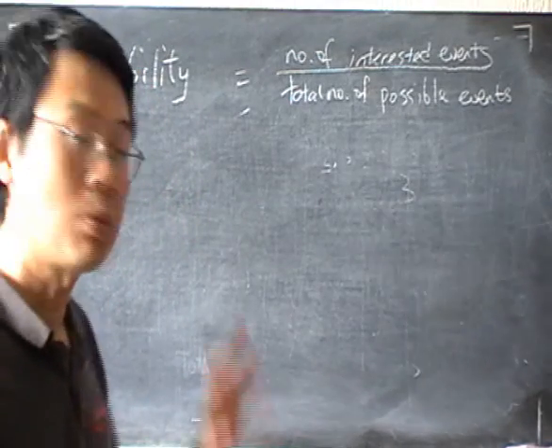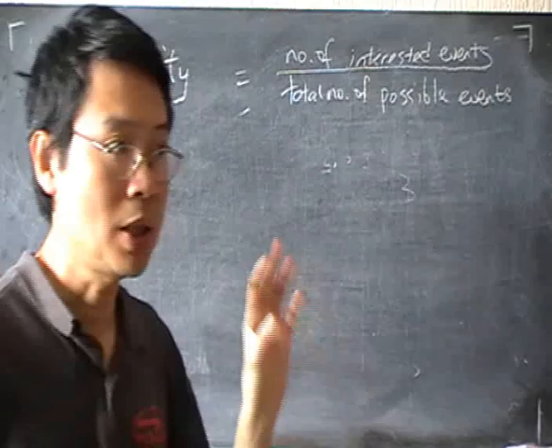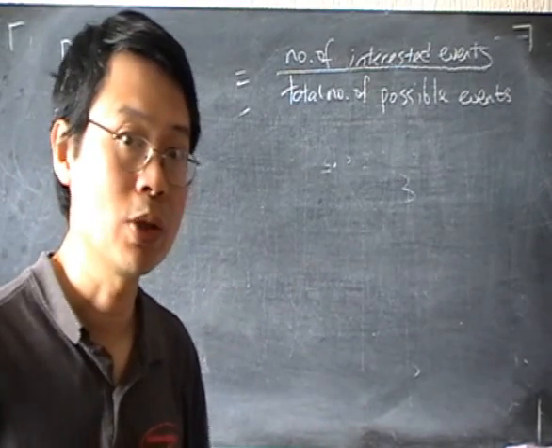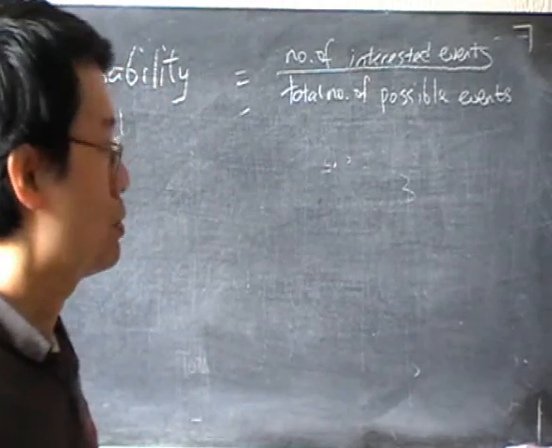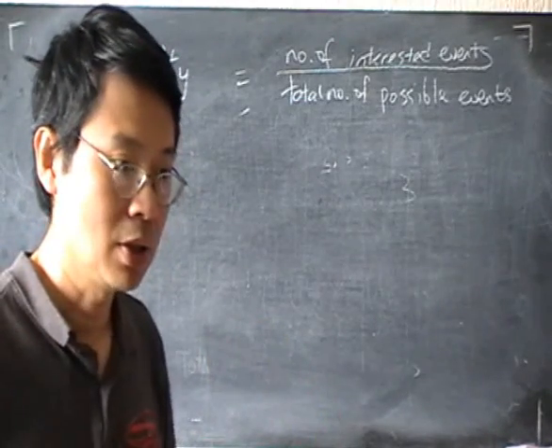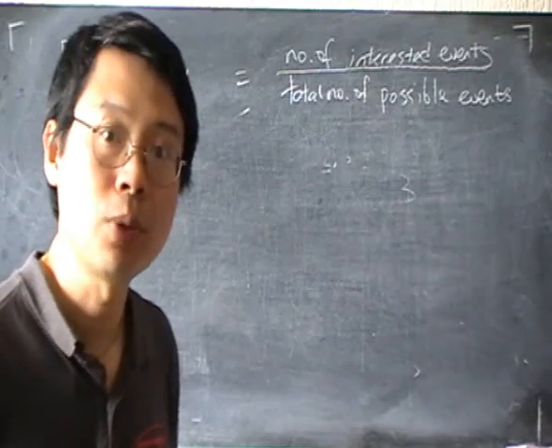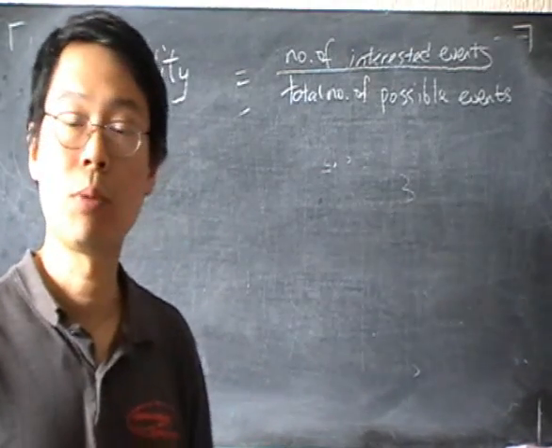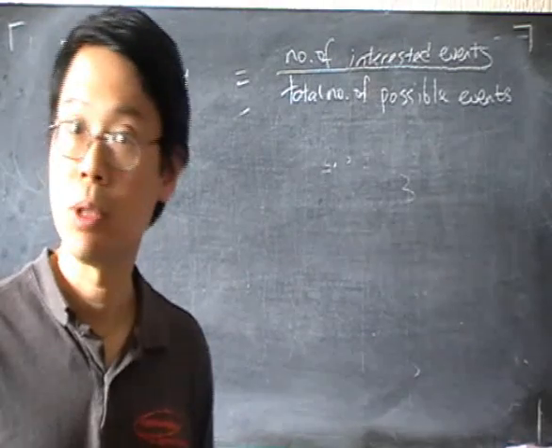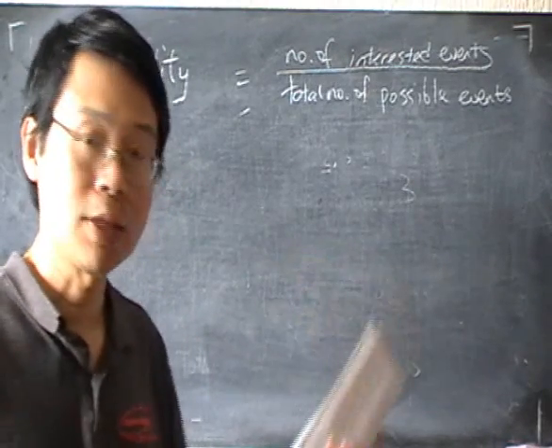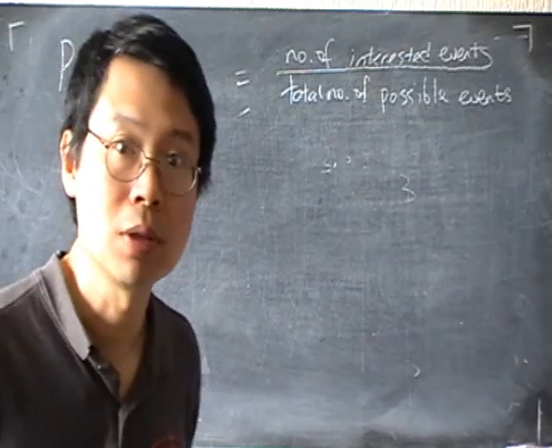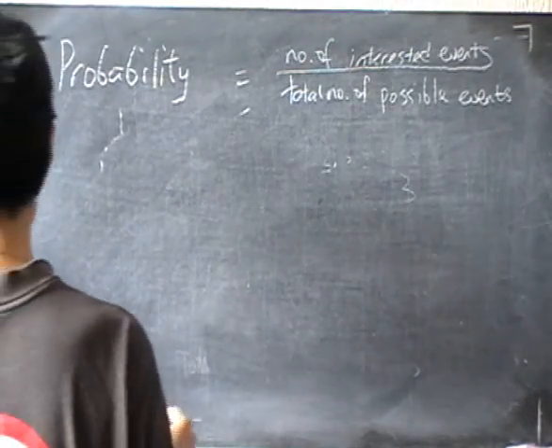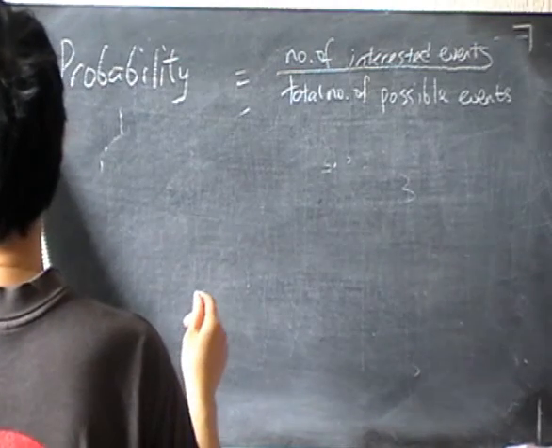Now the idea is that the probability of getting a head plus the probability of getting a tail must be equal to 1, because that includes everything. So we can think of this in a more general way and say that the probability of success plus the probability of failure must always be equal to 1, because success and failure include all the possible events.